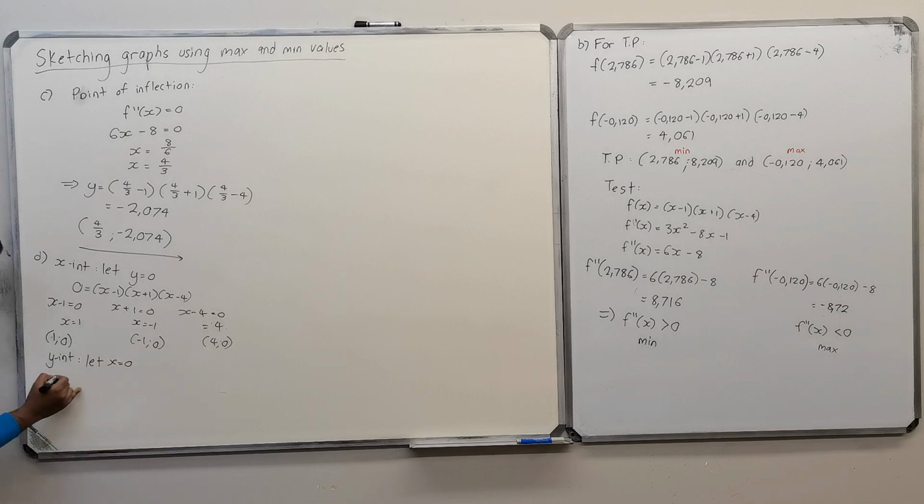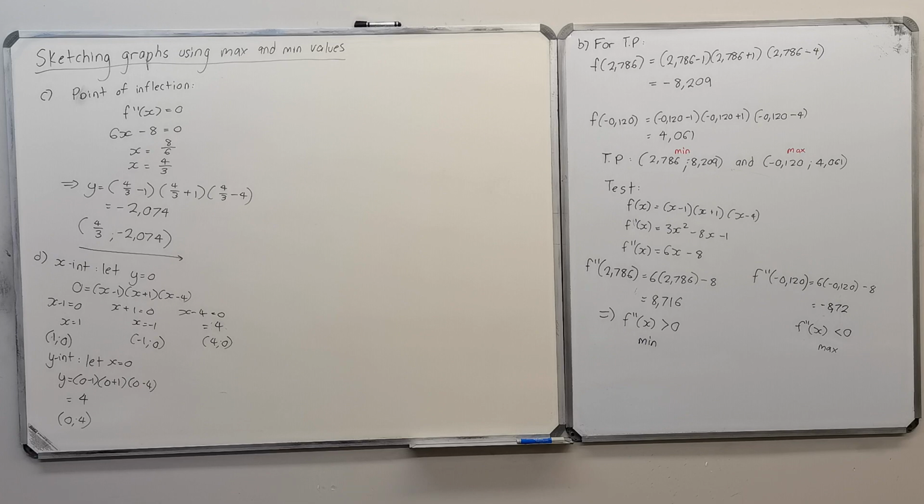If I let x equal to 0, then y is equal to 0 minus 1, 0 plus 1, 0 minus 4. I'm left with minus 1 times 1, which is minus 1, times minus 4, which is 4. So my y-intercept point is 0 and 4. All with me? Okay?